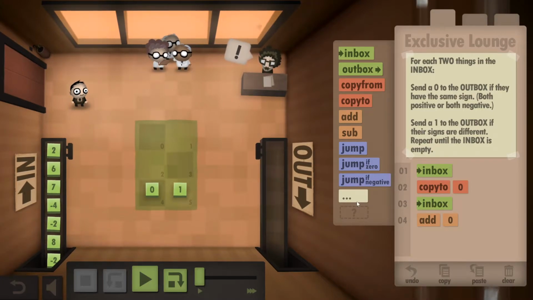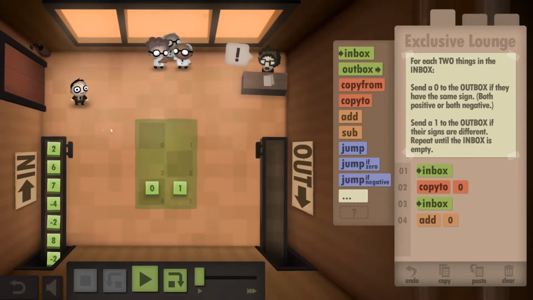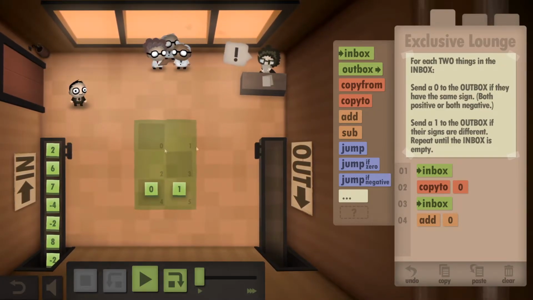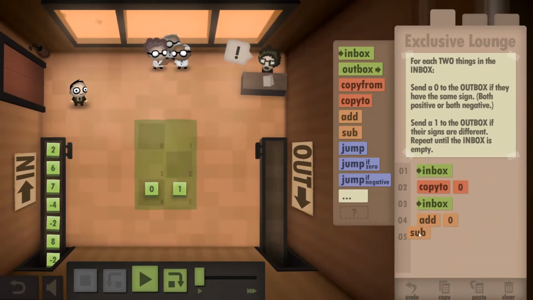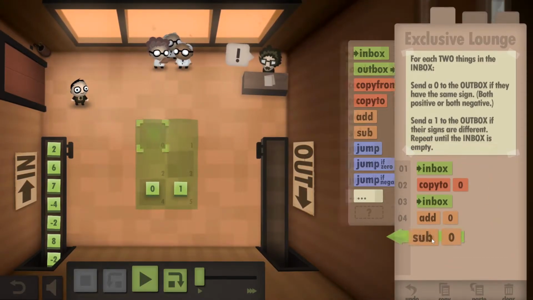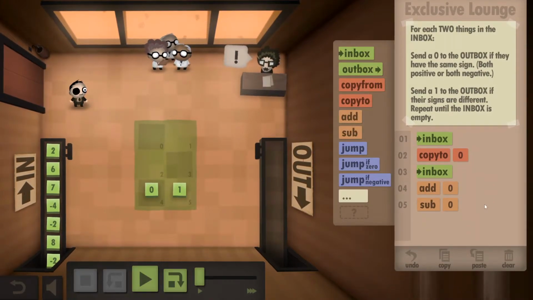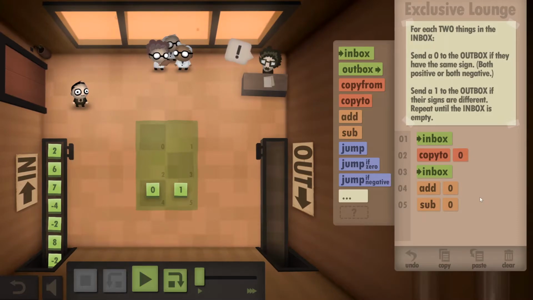So let's see if we can get this implemented in code. We want to take the 2 and store it, and then take the 6 and add the 2 that we stored to it. And then we want to subtract that from 0. So now we've got a couple of options here.